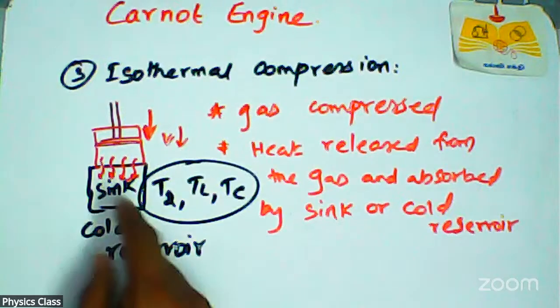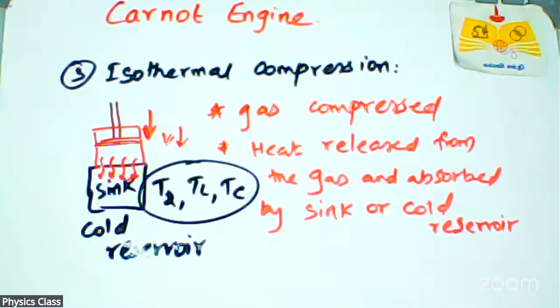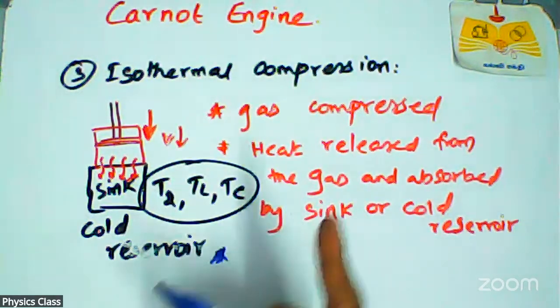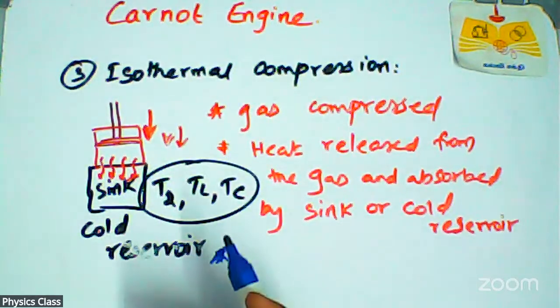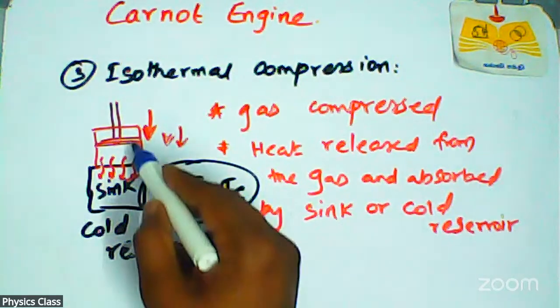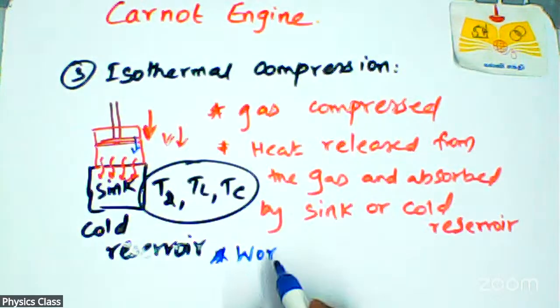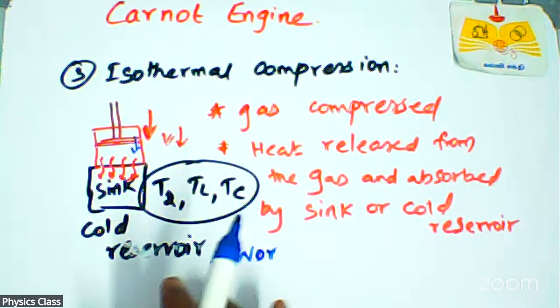So now work is done on the gas. In the previous step, work is done by the gas on the piston. But now work is done on the gas. So you have to know the difference between on and by.